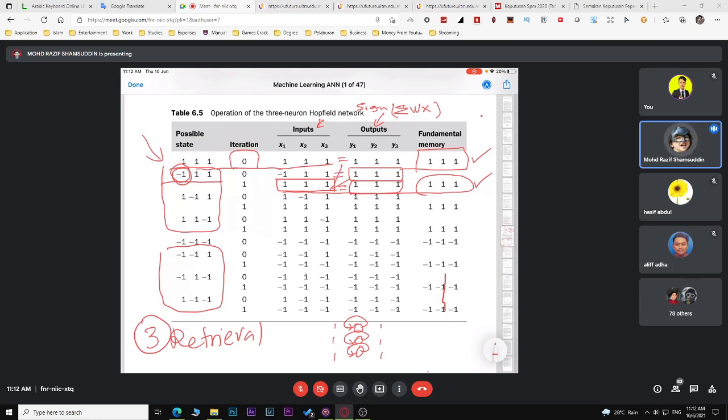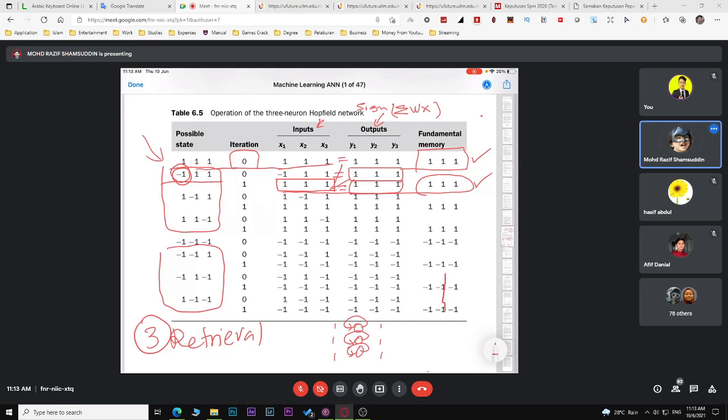Any question? Ada soalan? Tak ada. So kalau untuk cari stable state kan, dia kita reka sendiri ke macam mana? Kita untuk test banyak-banyak. Okay. Untuk mencari stable state, dia akan converge to any of the fundamental memory yang dia dah buat. Okay, asalkan dia boleh converge ke fundamental memory, network tu kita anggap sebagai stable network.